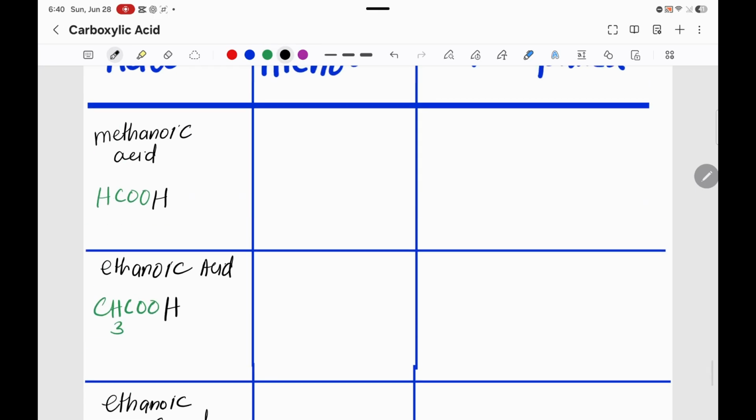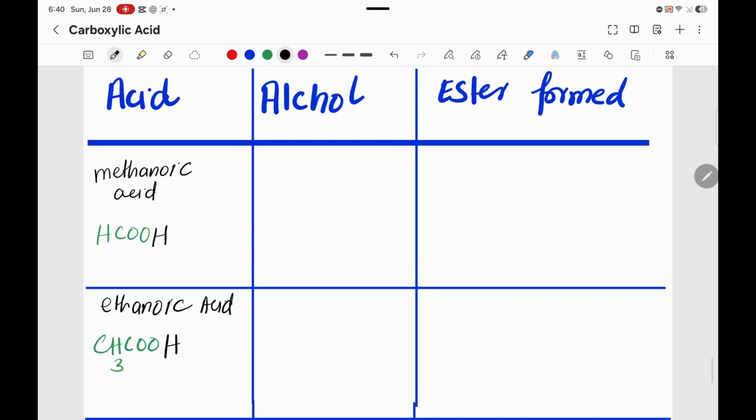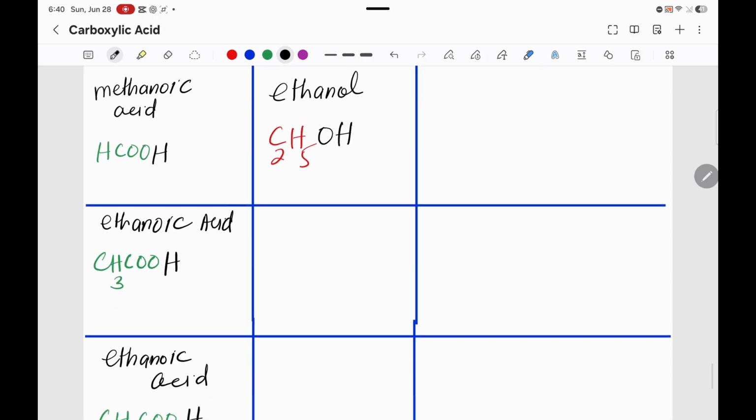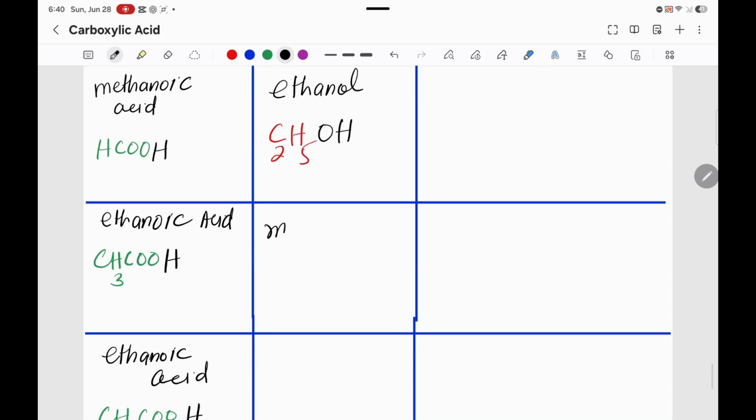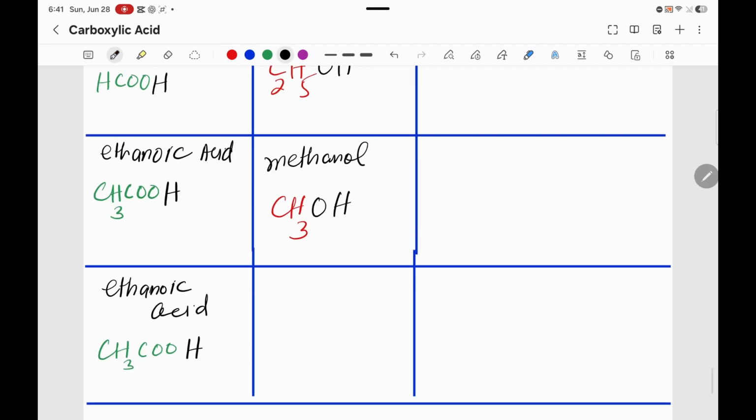Okay, now I'm gonna use some alcohols. The first alcohol that I'm gonna use is ethanol, that is C2H5OH. Then I'm gonna use methanol, and that is CH3OH.